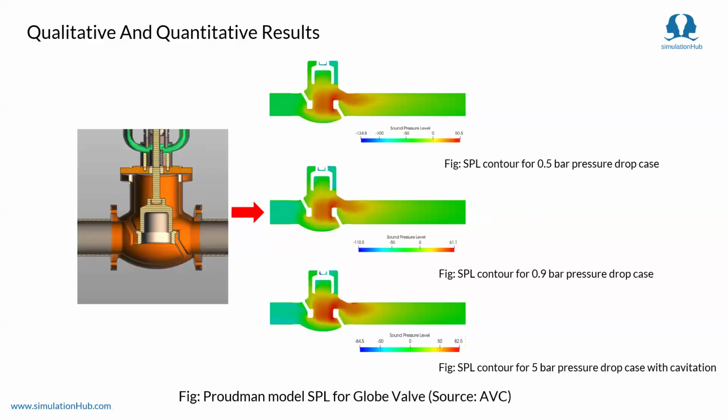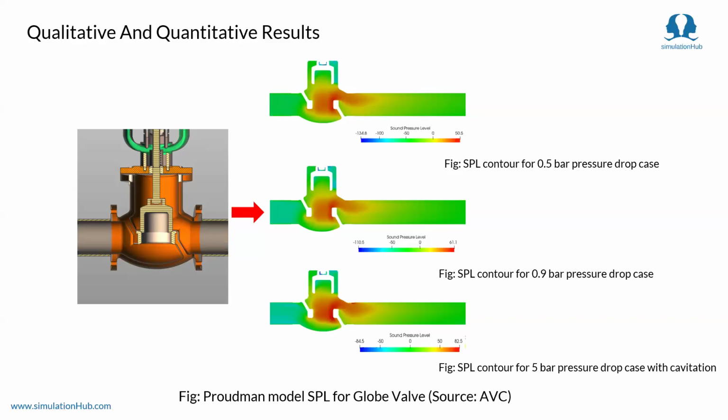So this is a globe valve, and we used the Prodman model, which is the simplest model to implement, which gives you a nice contour so you can visualize the source of the noise. So all the red zones is where there is a lot of noise being generated, and this will be propagated out through the valve body and through the pipes and even in the downstream direction.